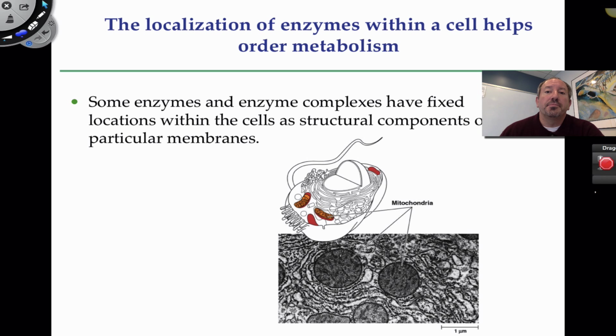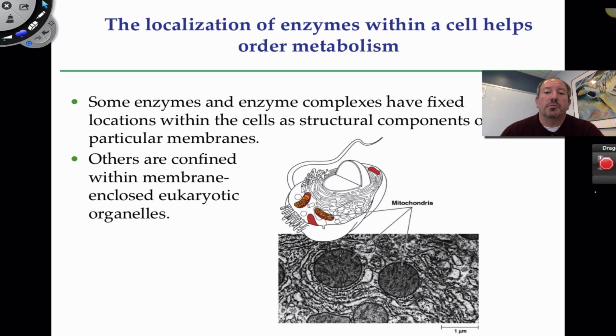And then finally, the local environment within the cell helps enzymes as well. You may know that a eukaryotic cell is composed of membrane-bound organelles, and membranes can actually inhibit whether or not ions are passing. And so different organelles have different degrees of acidity or alkalinity. And so there are certain enzymes that work best inside the mitochondria.